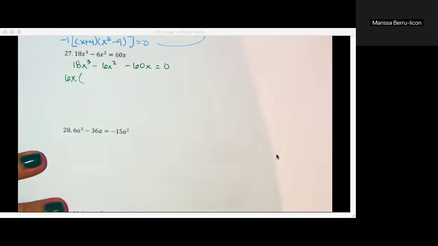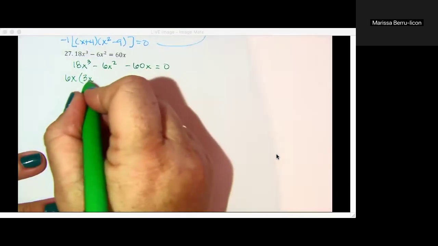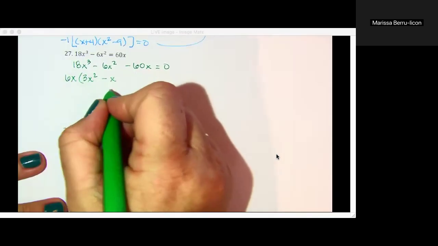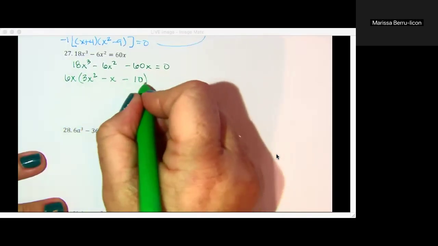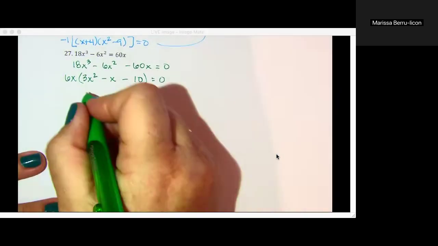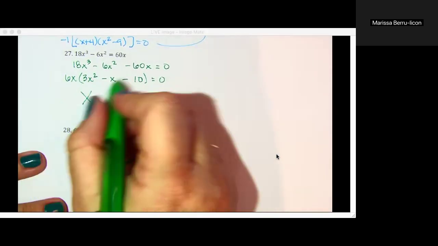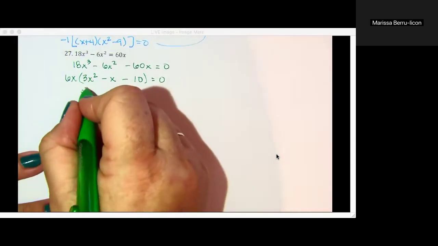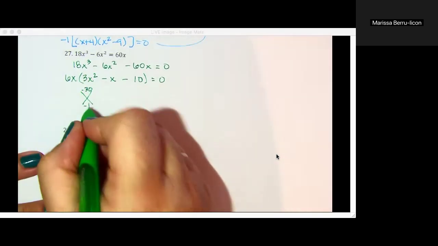And when I pull that out, I'm left with 3x squared minus x minus 10. And now I can go ahead and use the x method for what's inside here. My a is 3, my c is -10, so -30. My b value is -1.